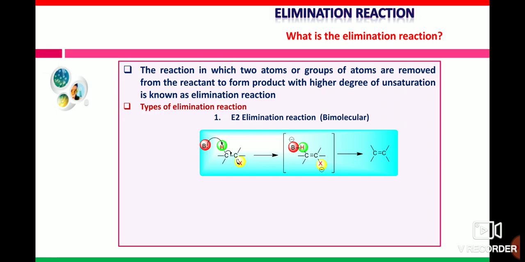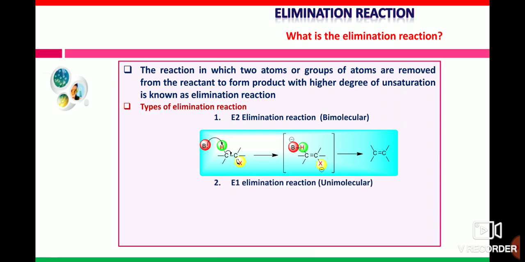The bond breaking starts between alpha carbon and leaving group, and simultaneously a bond formation occurs between alpha and beta carbon. This reaction proceeds through a transition state. This reaction has a one step mechanism. This mechanism is generally known as E2 mechanism.